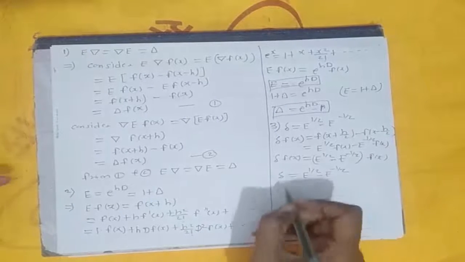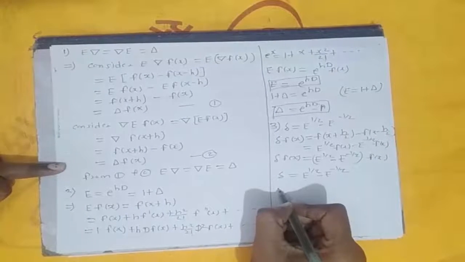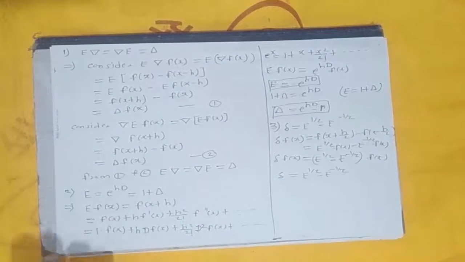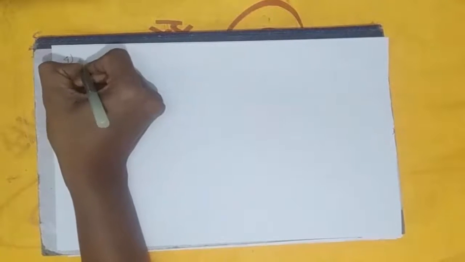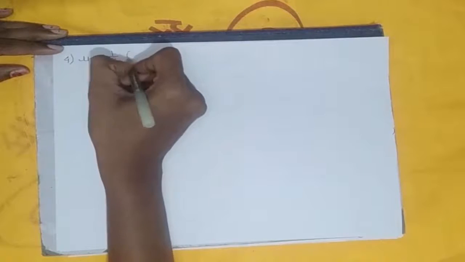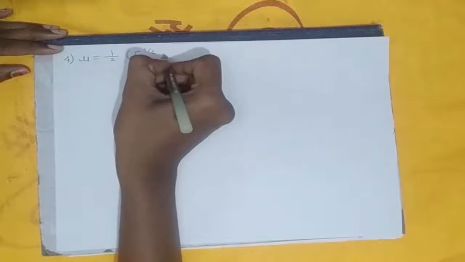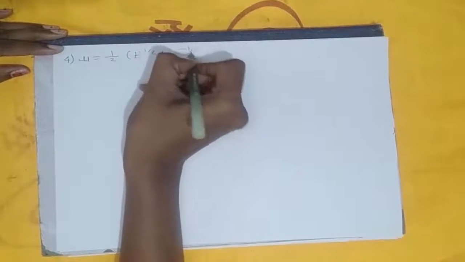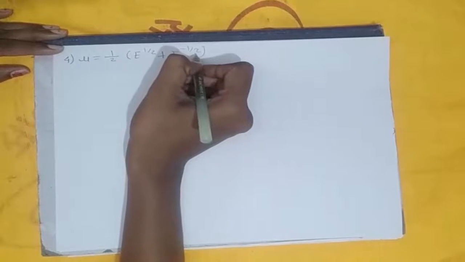Okay, then next, to see the fourth one, we can take a new page here. Okay, the fourth one: we have to prove that mu, which we know is the average operator, mu is equal to 1 by 2 in bracket e raised to 1 by 2 plus e raised to minus 1 by 2.